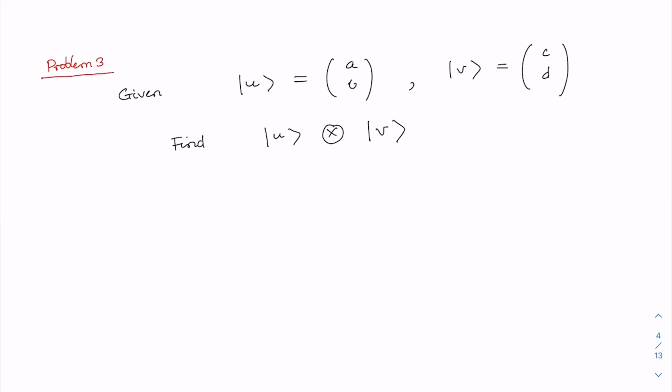You are given two ket vectors and we have to find out the tensor product of these ket vectors. Let us do it.